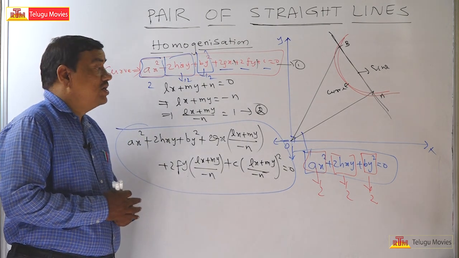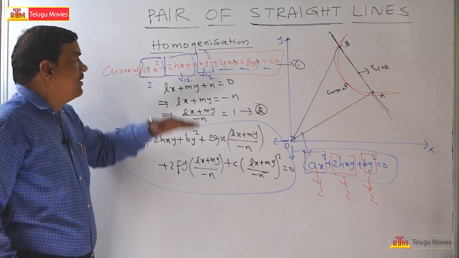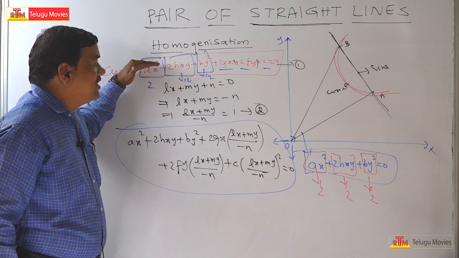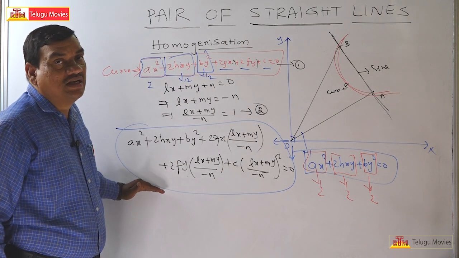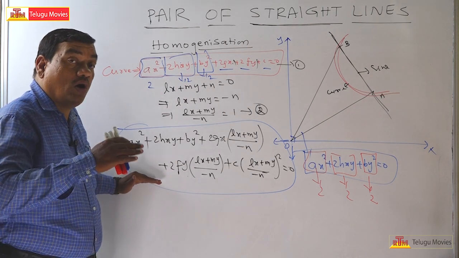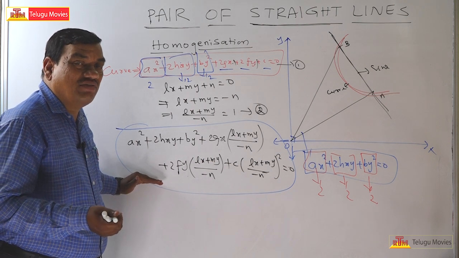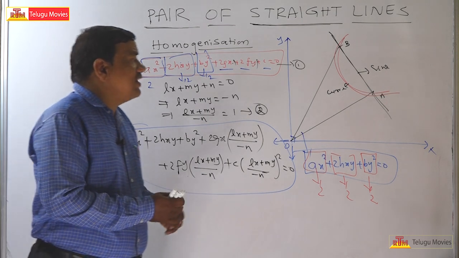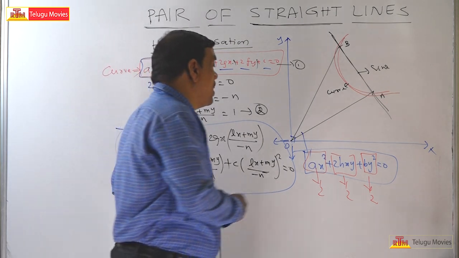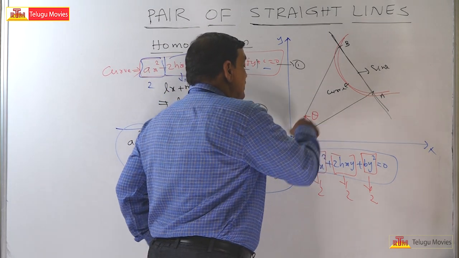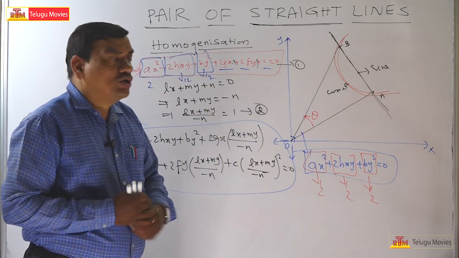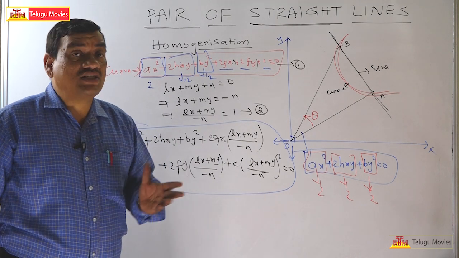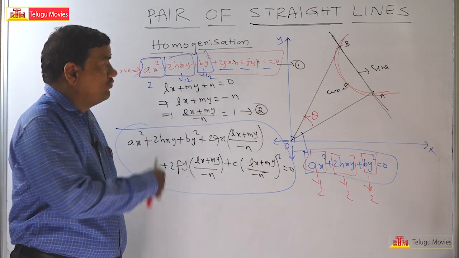So, this process, that means making a general second degree equation into a homogeneous second degree equation, is called homogenization. In the problems you will get how to find out the angle between them, showing that these two lines are perpendicular or coincide, all those things we will see in the future course.